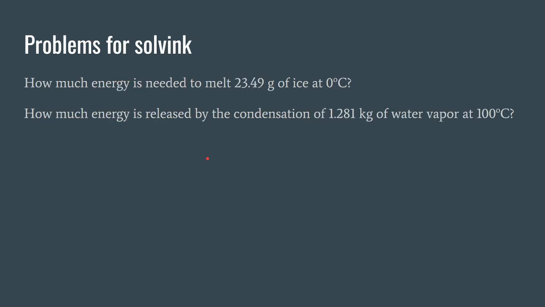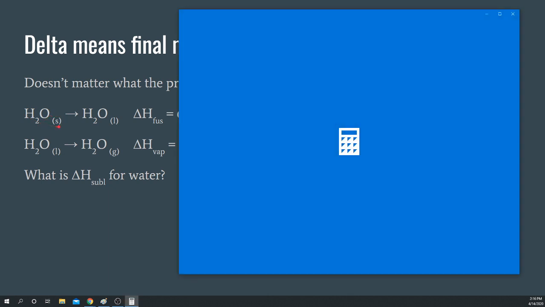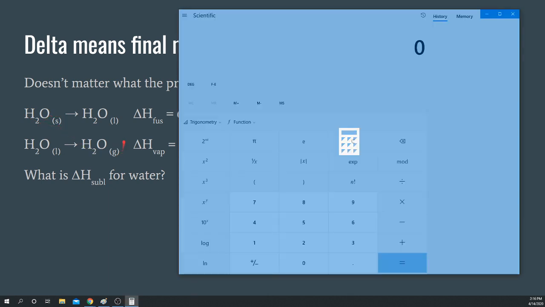So, what is the enthalpy of sublimation for water? Remember, sublimation means you're going from a solid directly to a gas. Therefore, it means you're going from here to here.